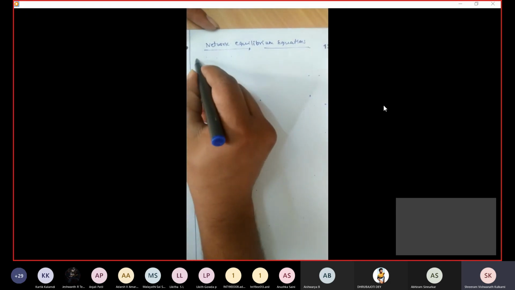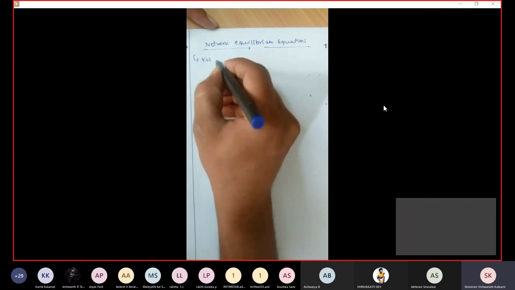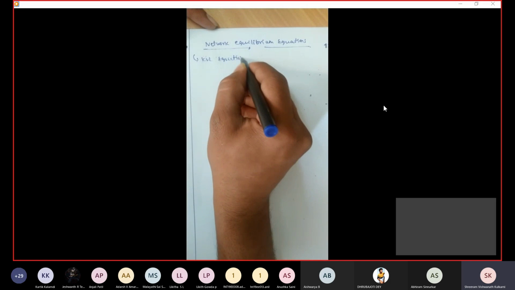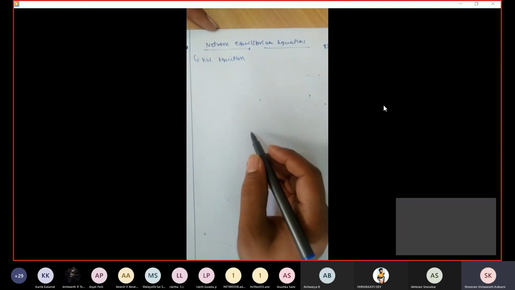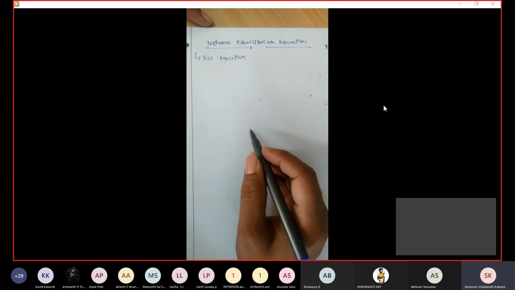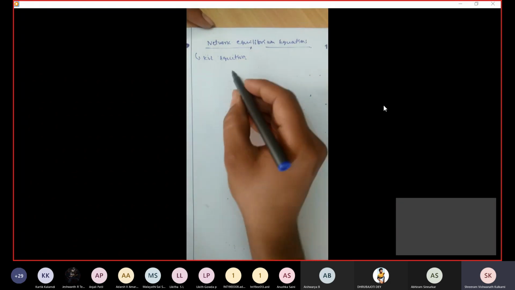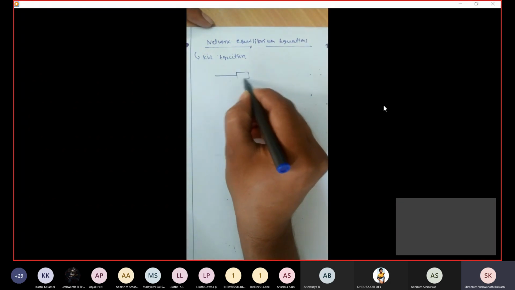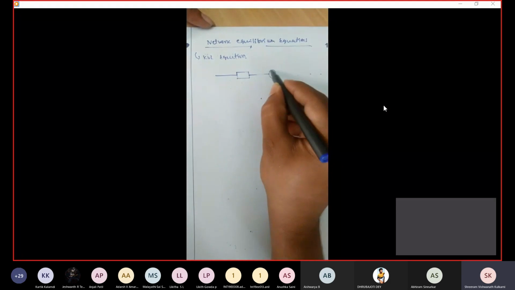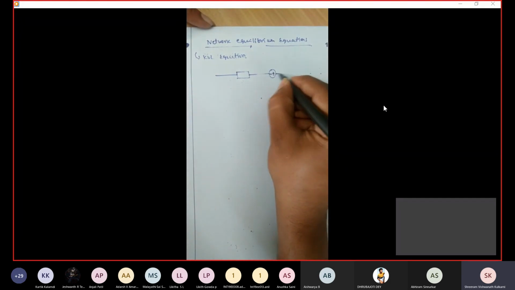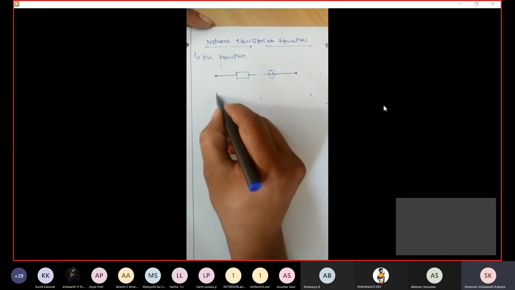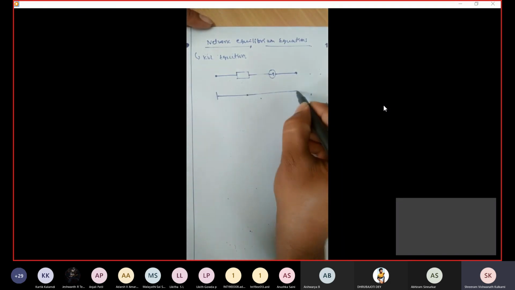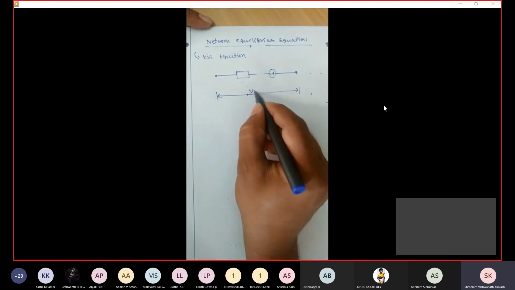First, in this we are going to see the KVL equation. First we are going to consider a simple circuit, that is, one impedance in series with a voltage source. This is a reference, Vk.